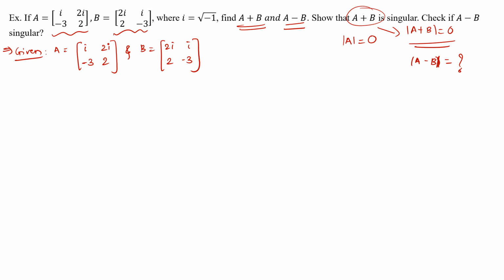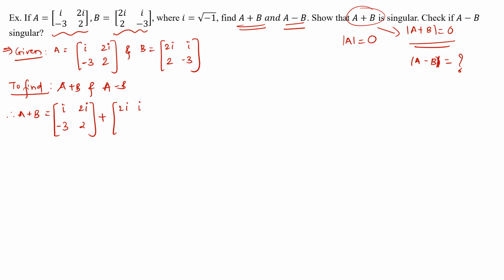So we have to find A plus B and A minus B. So therefore A plus B क्या होगा, the first matrix A iota 2 iota minus 3 2 plus 2 iota iota 2 and 3.